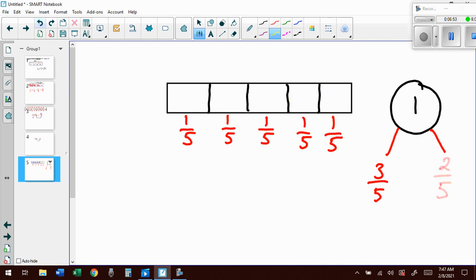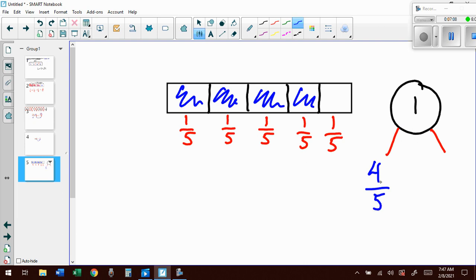Or I can do 4/5. 1, 2, 3, 4. 4/5 plus 1/5. Or using what we learned today, let's just look with 4/5 and 1/5.